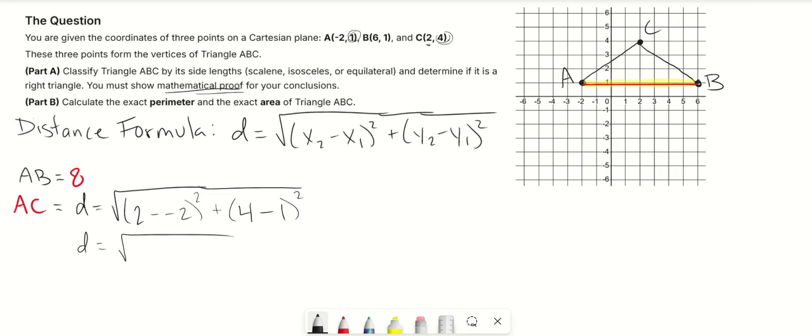So really what we have there is 2 plus 2, which is 4, plus, other parentheses, 4 minus 1 is 3.